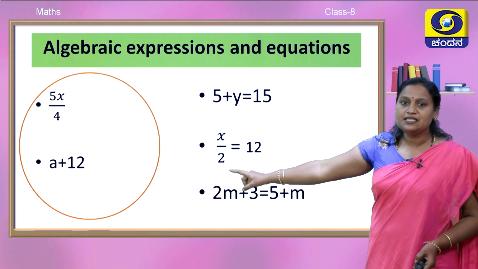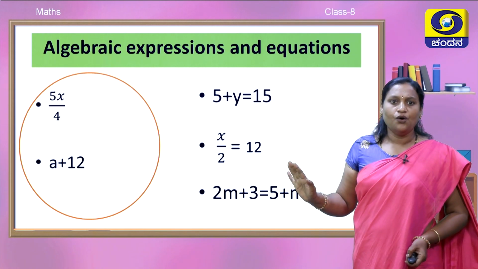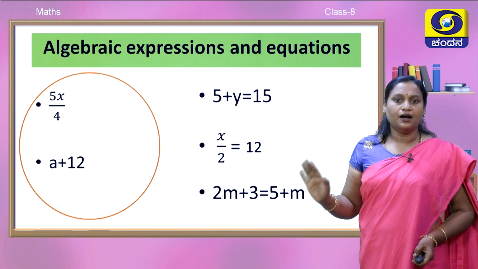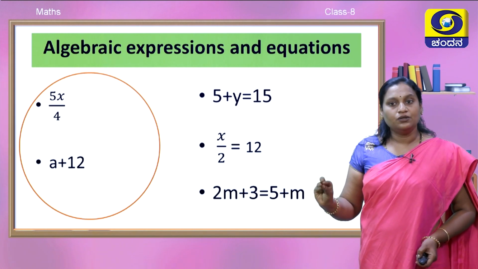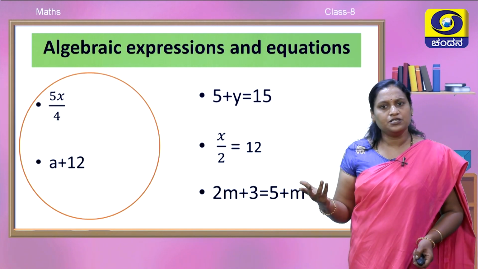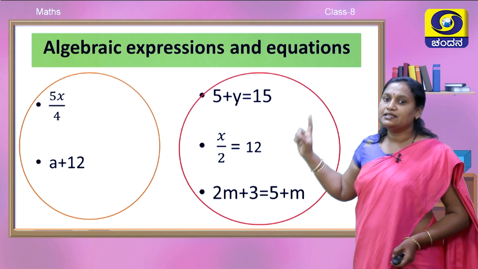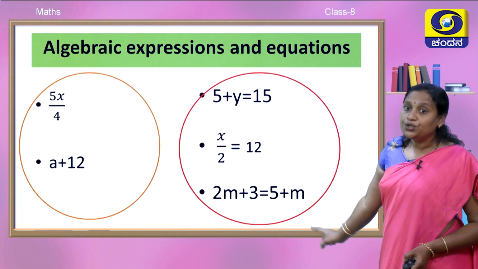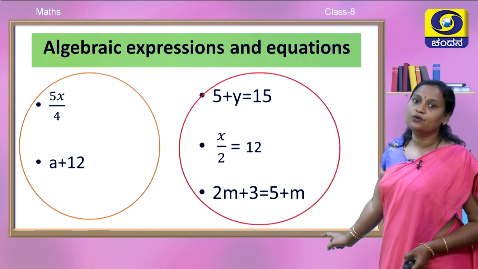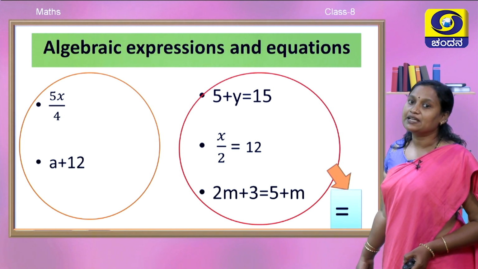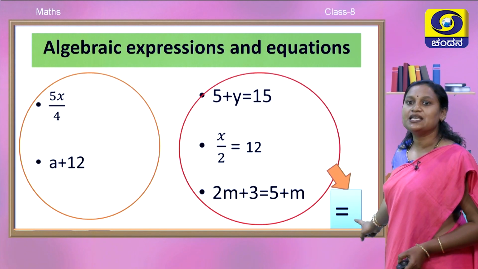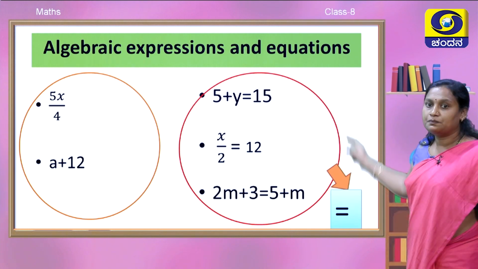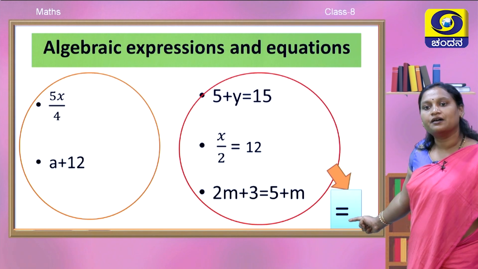In the first set, we do not know the exact value of the unknown. There, the unknown can assume any value of its choice. Whereas, in the second set, the unknown we have used should have a particular value because we have given a condition and we have used an equal sign, and hence the second set of examples are equations.